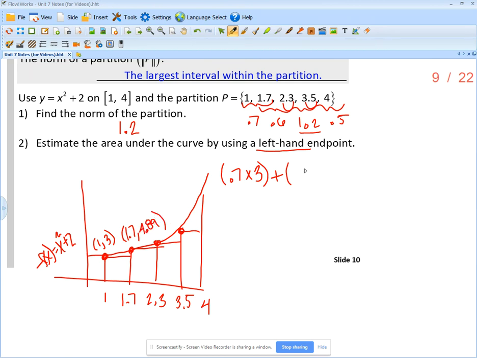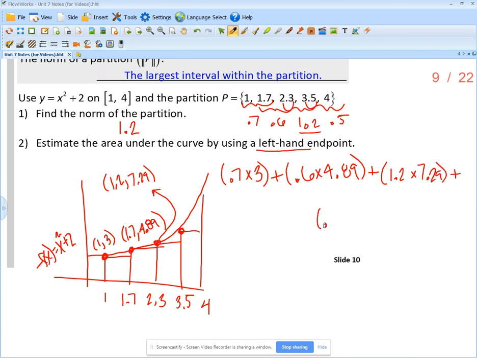So I'm going to have 0.6 times 4.89. Plus, my next base is going to be 1.2, and I want to look at the height at that point. Substituting 2.3 in, I get 7.29. So I have 1.2 times 7.29.